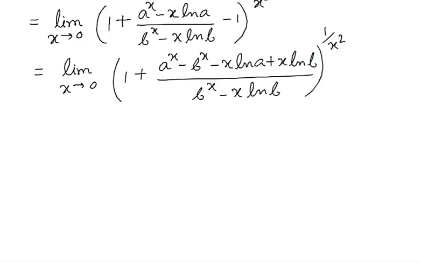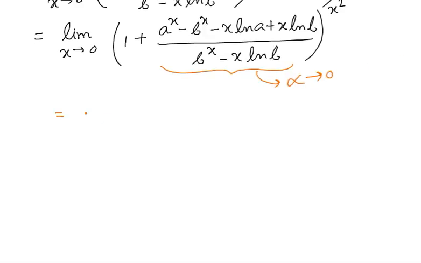If I name this whole thing in this intermediate step as, suppose, alpha, which is basically tending to 0, the limit will become limit x tends to 0, (1 plus alpha) to the power 1 by x square, which can be modified as (1 plus alpha) to the power 1 by alpha into alpha by x square.